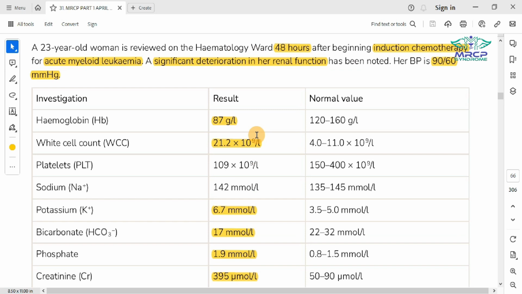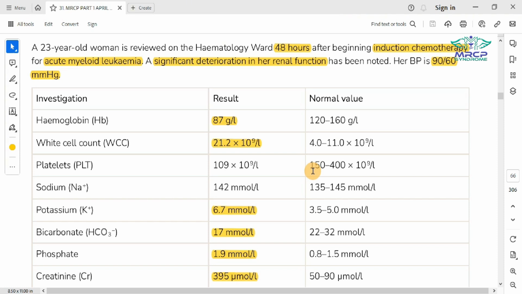A 23-year-old woman is reviewed on a hematology ward 48 hours after beginning induction chemotherapy for AML. A significant deterioration in her renal function has been noted. The blood pressure is 90 over 60 mmHg. Hemoglobin is low, 87 grams per liter.